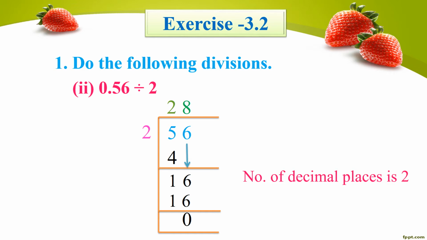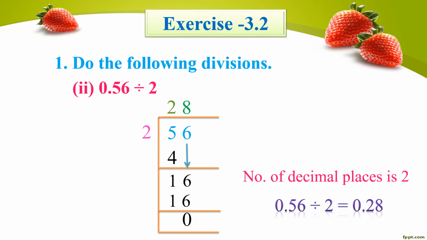So, according to the number of decimal places, we have to shift the decimal point from right to left for the result. What is the result here? 28. We have to shift the decimal point 2 places from right to left.